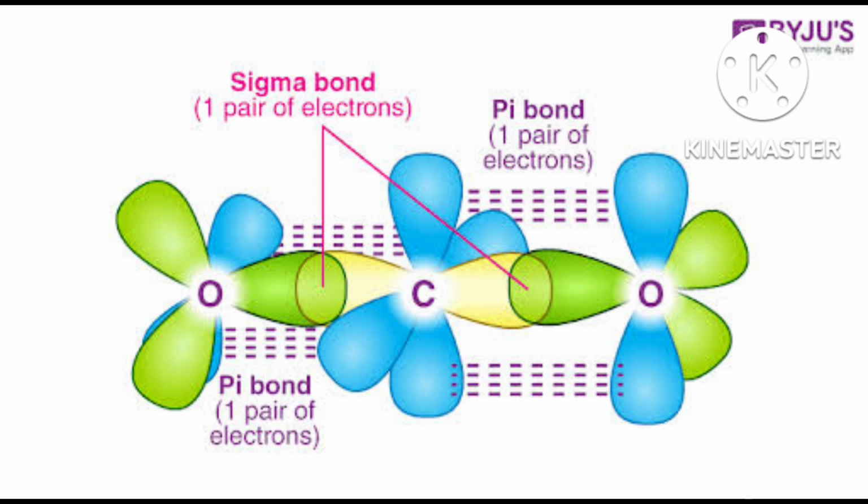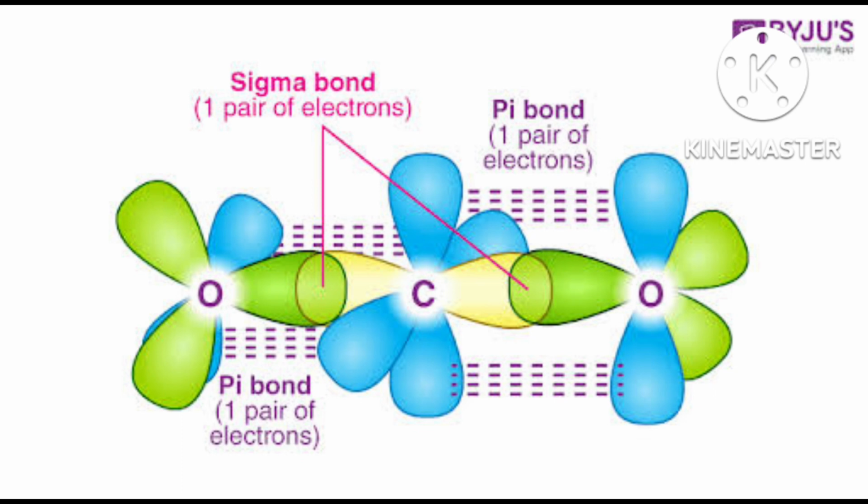Here also lobe is called saucer type charged cloud, because sometimes the electron will be up, sometimes down. But the bond will form only when both lobes have electrons, which is a positive sign.